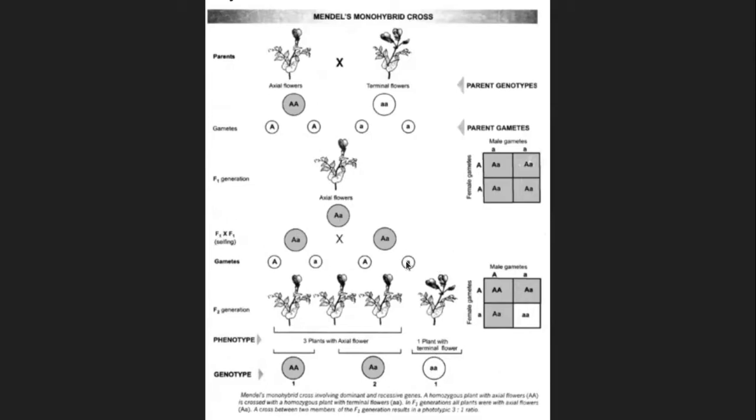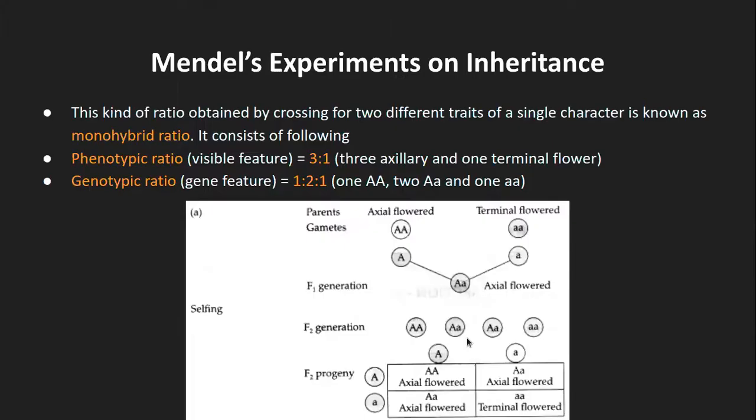In F1 there was no homozygous recessive, which was present in the parent, that is small a, and it was also present in the F2 generation. So that way the gametes keep passing on to the next generation. That is Mendel's experiment in the first case.